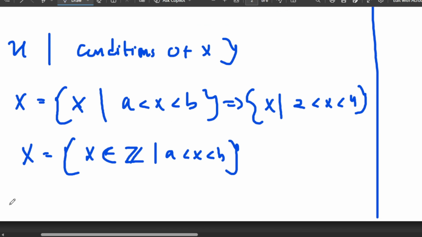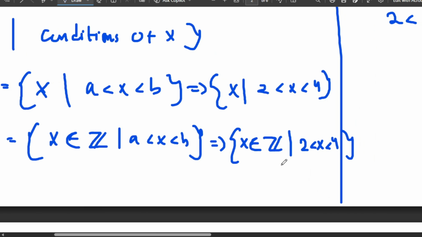If we put a condition that x is in the integer set, that means if we put x is in Z, which is the integers, remember that I explained about the number system in the first video, the first episode. In between 2 and 4, what does that mean? We must pick the integer.